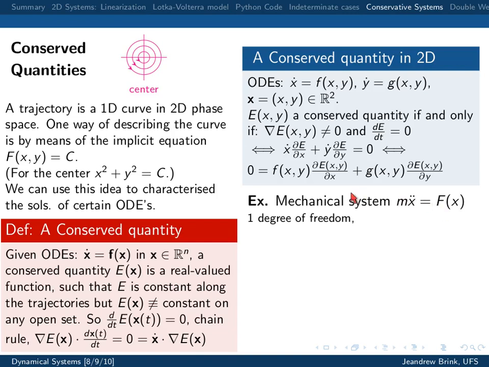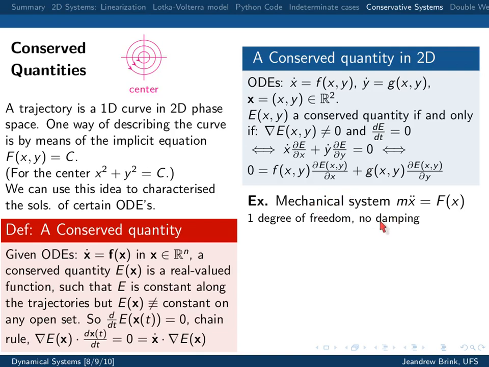When you work in mechanical systems, the degree of freedom is basically the number of variables you have in the second order system. Note, it is not the order of the equation. Important: a second order equation with 1 degree of freedom, you can basically write as a first order system with 2 variables. Okay, so this is a mechanical system.